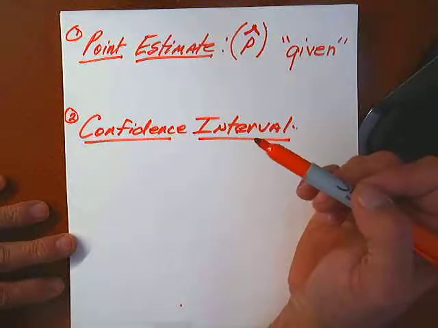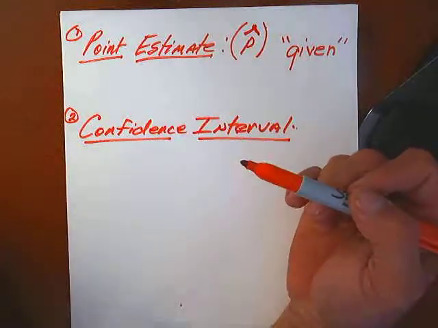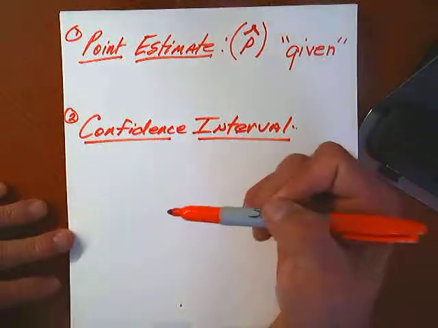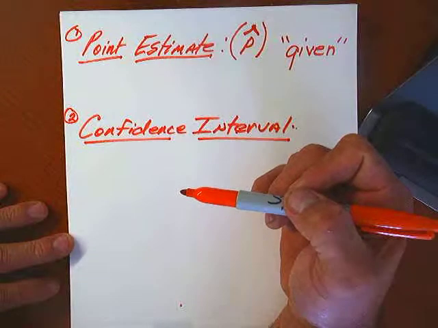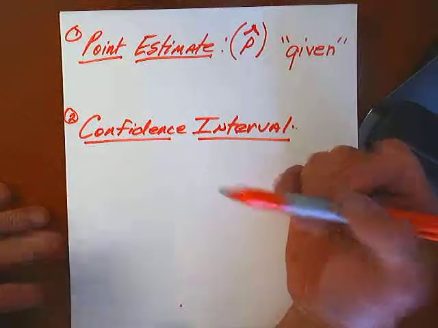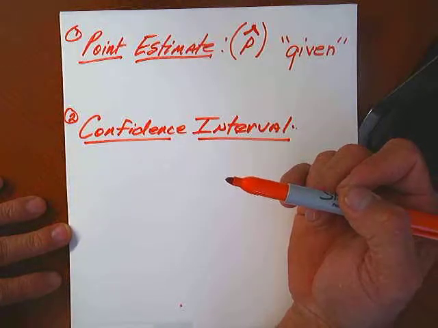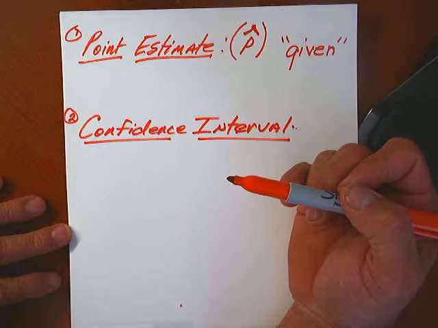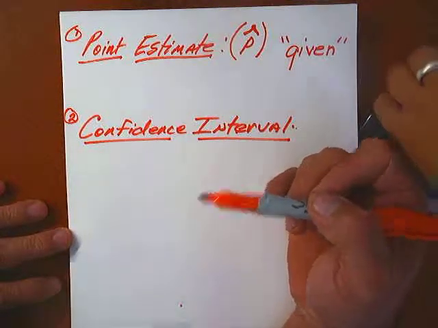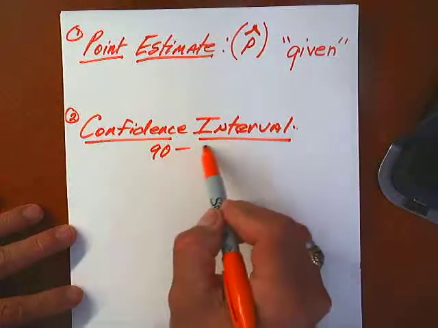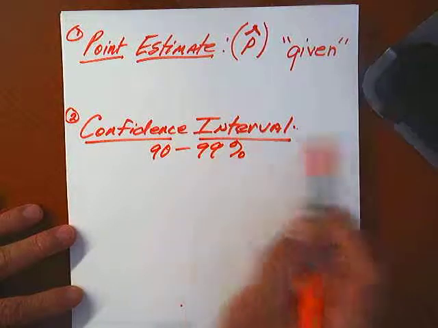You won't always be 100% confident, but usually the confidence levels run from 90 to 99%, because you don't want to go into a meeting and say I have a 75% confidence level, because then your data or your work is not really that reliable.